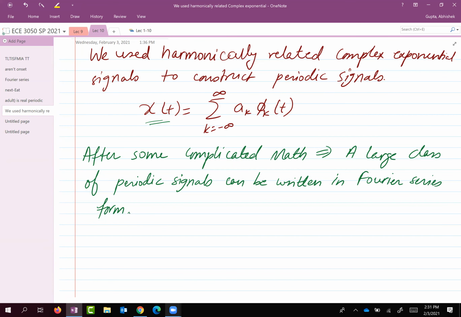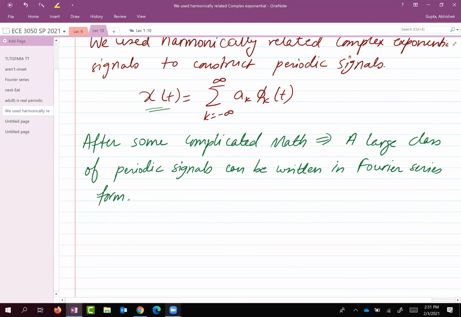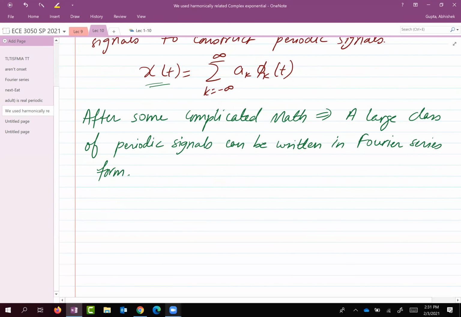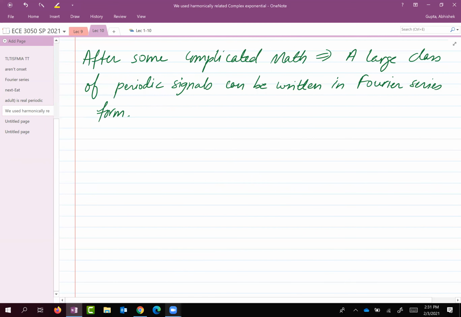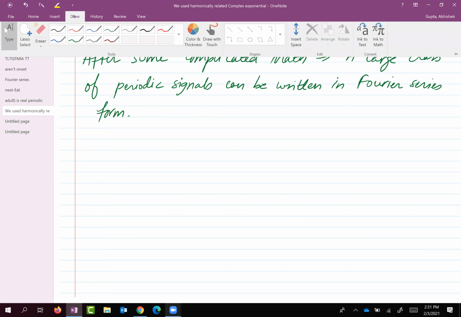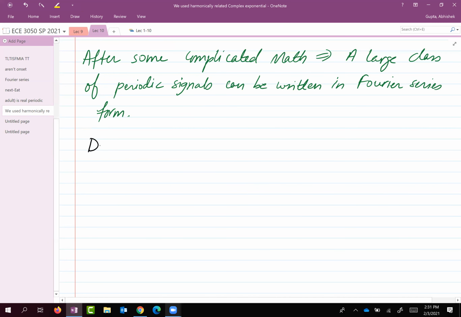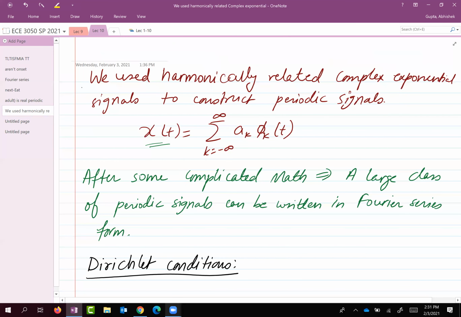So what kind of signals can be written in the Fourier series form? Let me give you a set of conditions called the Dirichlet conditions. It's actually a non-obvious result. This first part is pretty obvious, and the proof is basically a one-line proof.